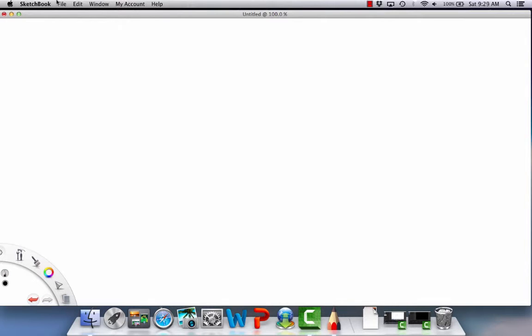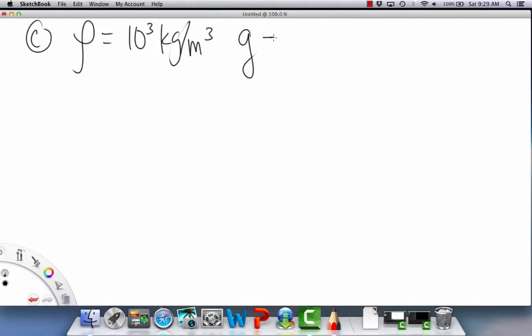Okay, so for part C, first of all, I just want to write down that the mass density of water is 10 to the third kilograms per meter cubed, and that g, the gravitational constant, is always going to be 9.8 meters per second squared. Okay, so it wants us to evaluate the integral.